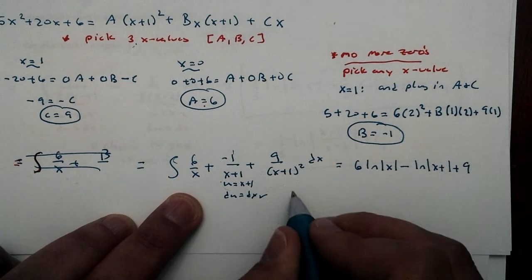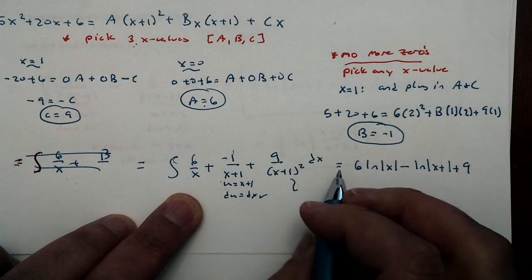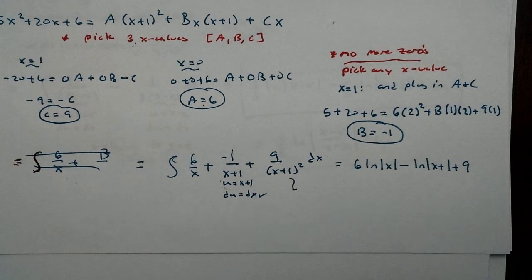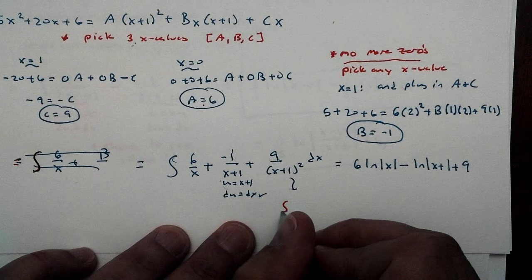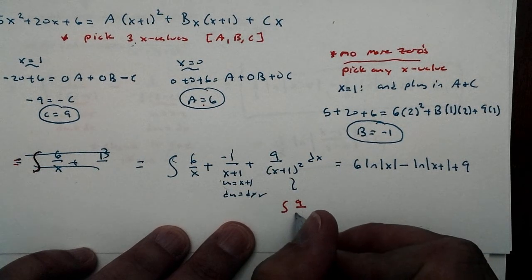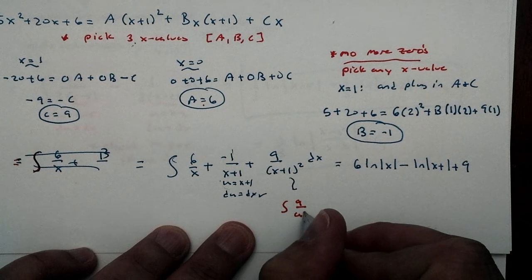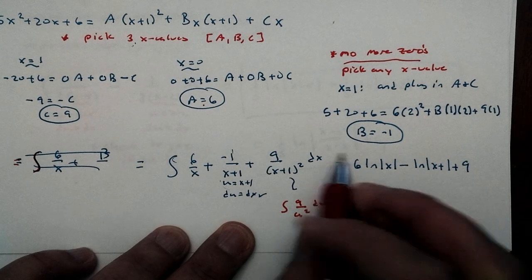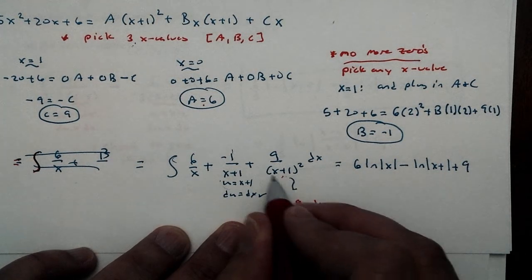And now we got to deal with this one. This one's a little bit harder to deal with, okay? This is saying 9 over u squared, right? If I let u be x plus 1, my du would just be dx.